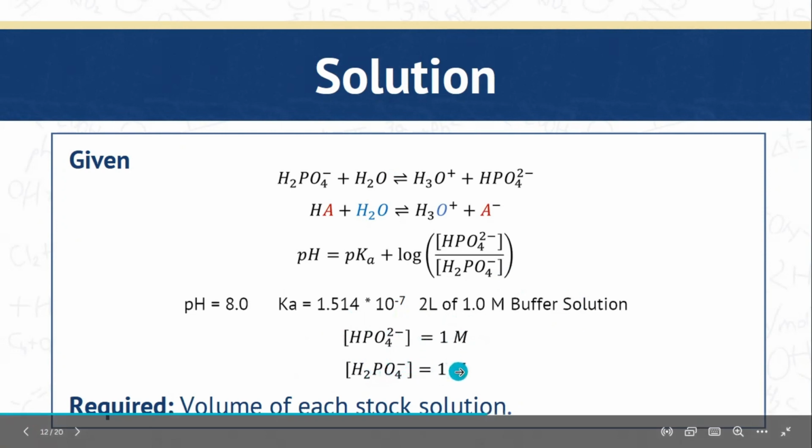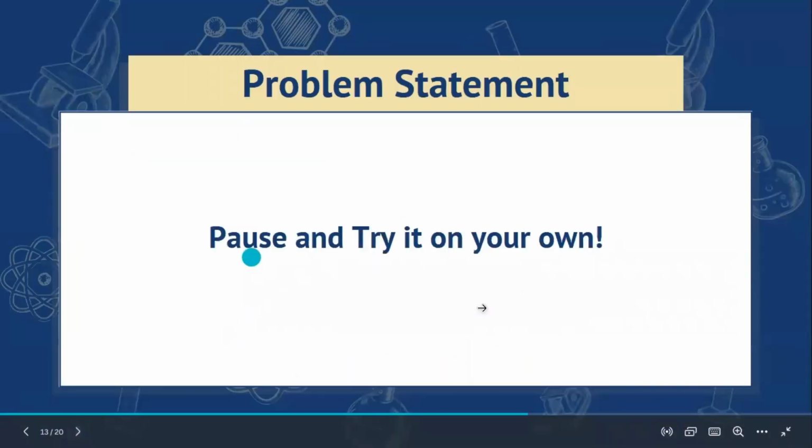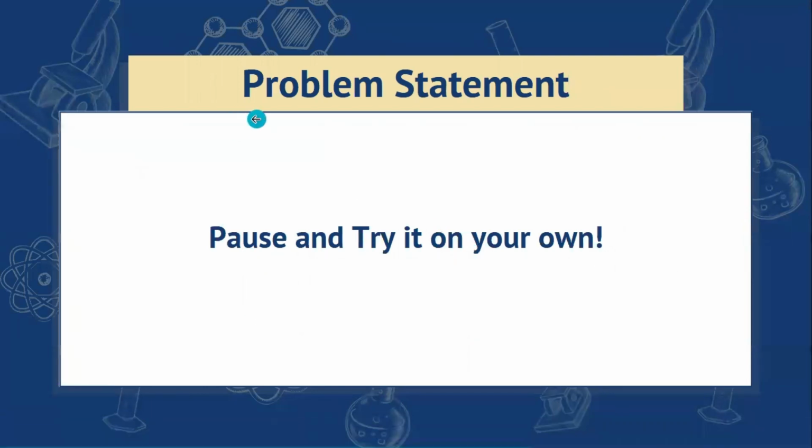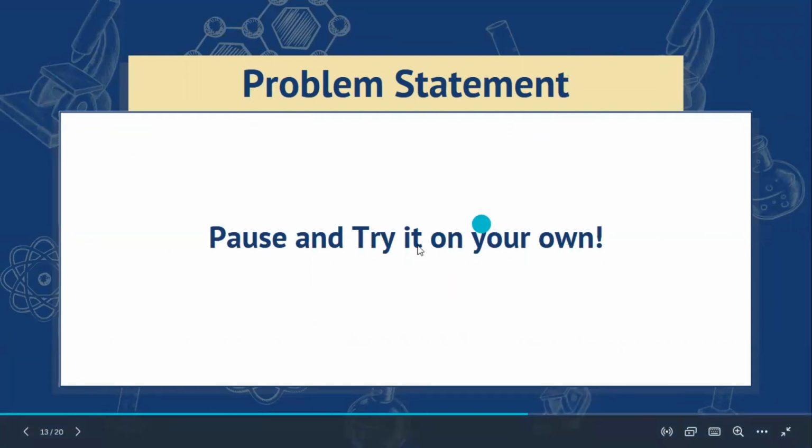So we're required to find the volume of each stock solution. Pause and try it on your own and come back so that you can see the problem solving process and compare your answers. Okay, welcome back. Let's solve it one by one.